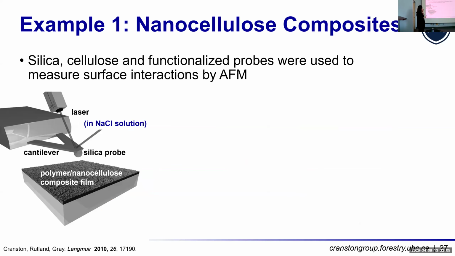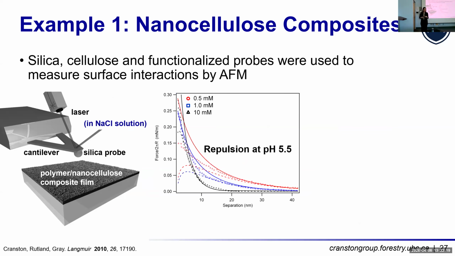Okay. So one example from some of the first force curves that I ever made was measuring a silica probe against a polymer nanocellulose composite film, and this was done in sodium chloride solution. And so this is a force curve, again, force versus separation.